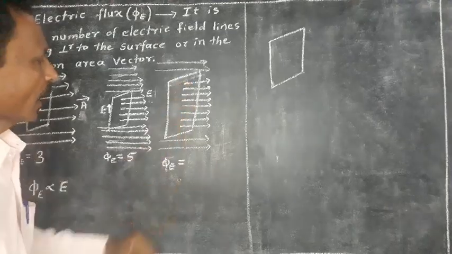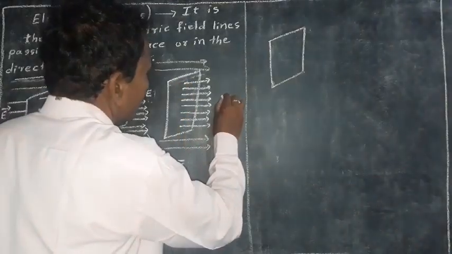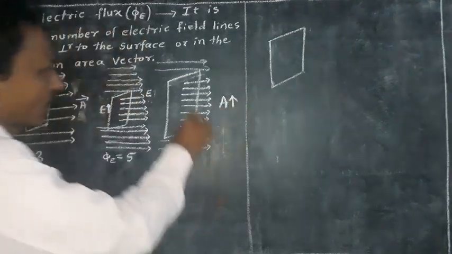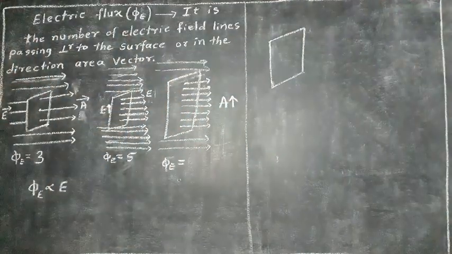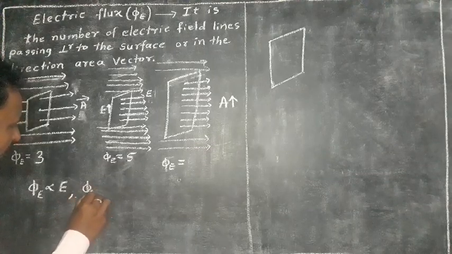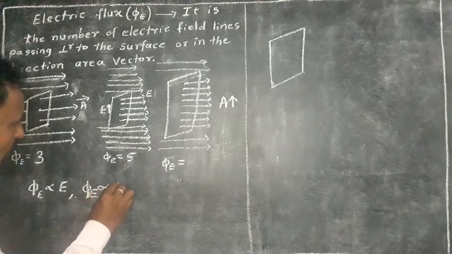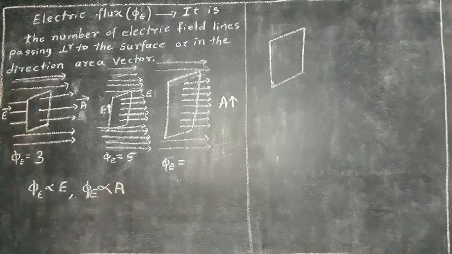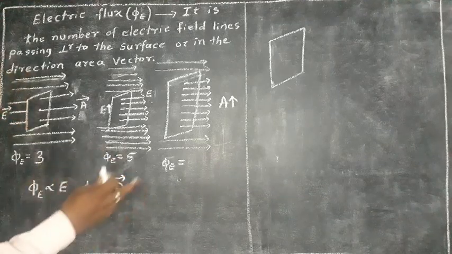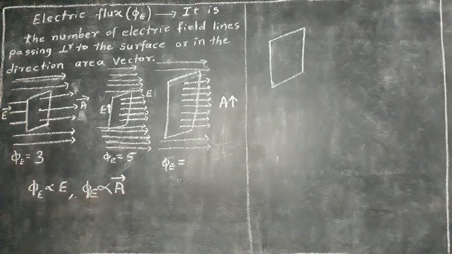That means as area is increased, number of field lines also increases. Thus electric flux is directly proportional to area, or it is area factor. I will explain later what is area factor.